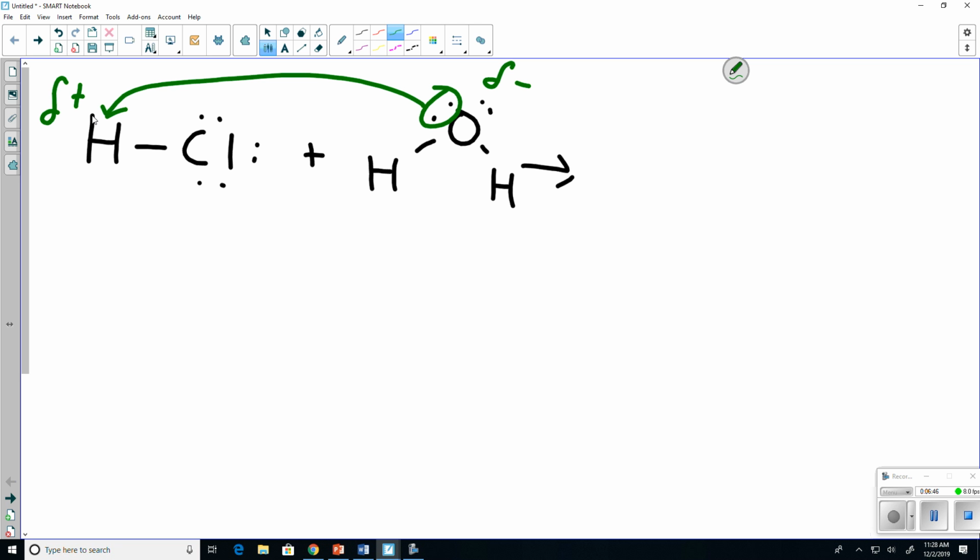Now, hydrogen can't be bonded to two things at once, so what happens is those electrons in that bond get broken and they're around the chlorine, which is why your final product here is chloride, now with 8 electrons around it. That's why it has a -1 charge, because its formal charge is now a -1.